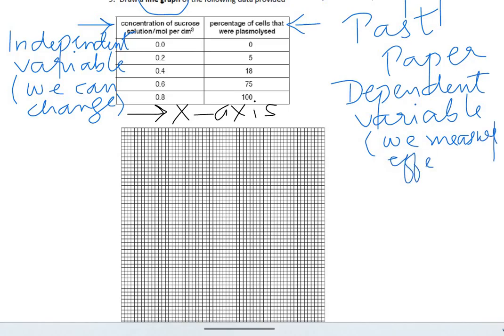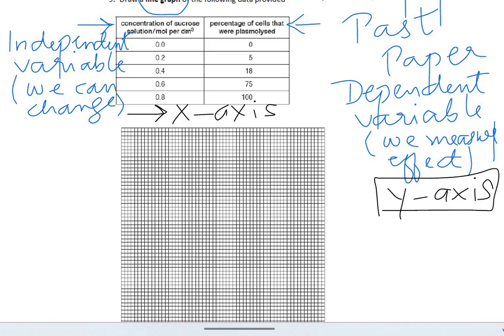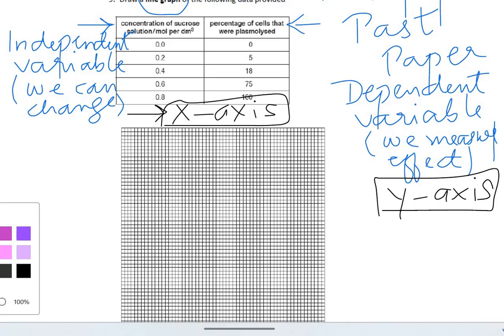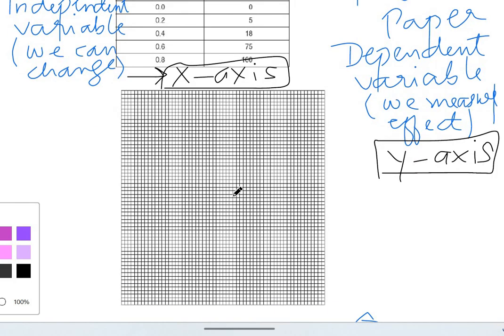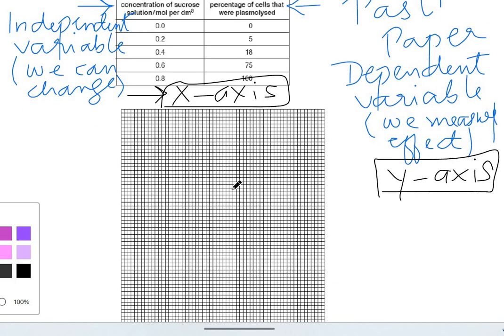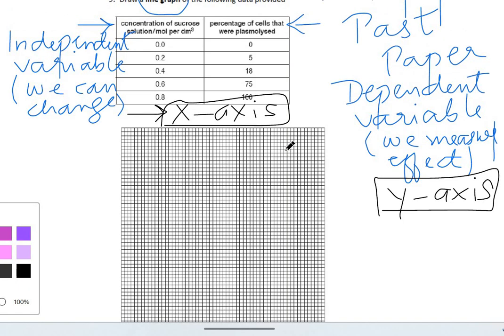So it is always taken on the y-axis. So the independent variable, that we can change, we will take on the x-axis of the graph, and the variable that we measure, the dependent variable, we take on the y-axis.